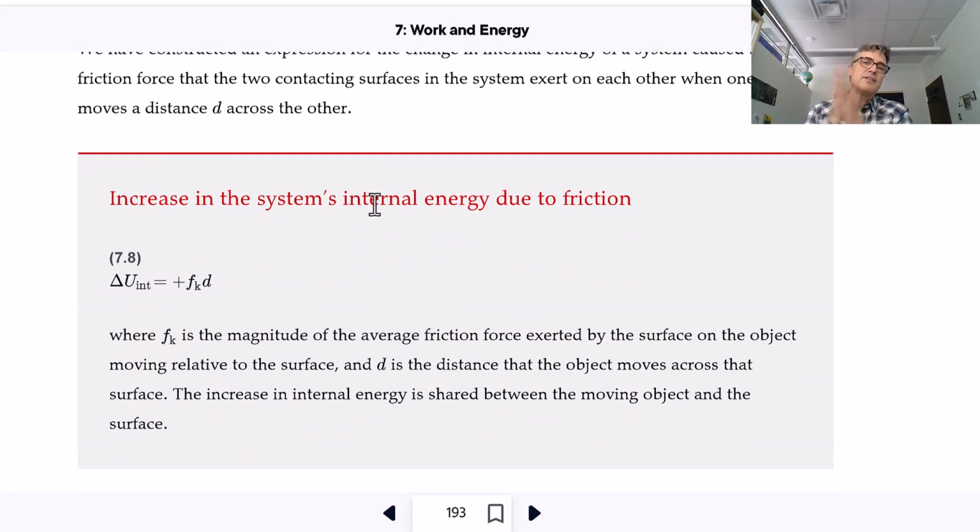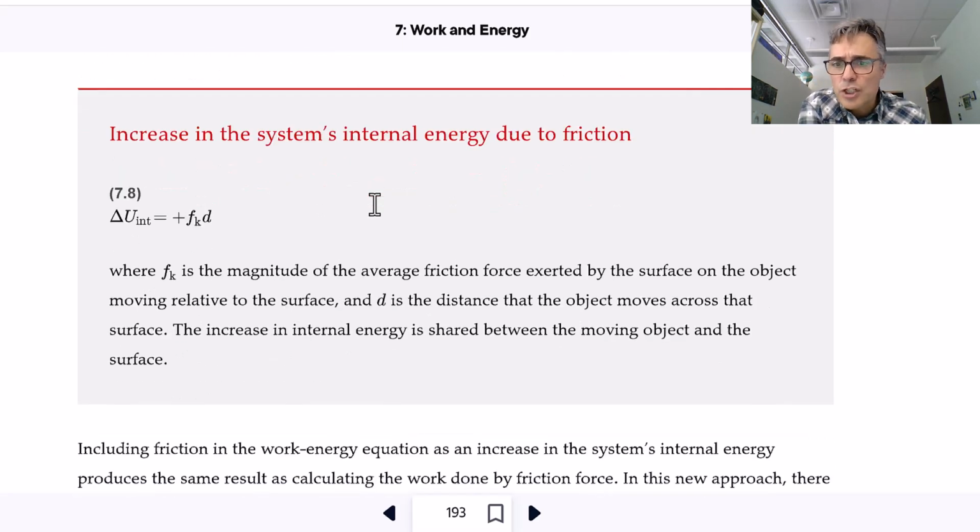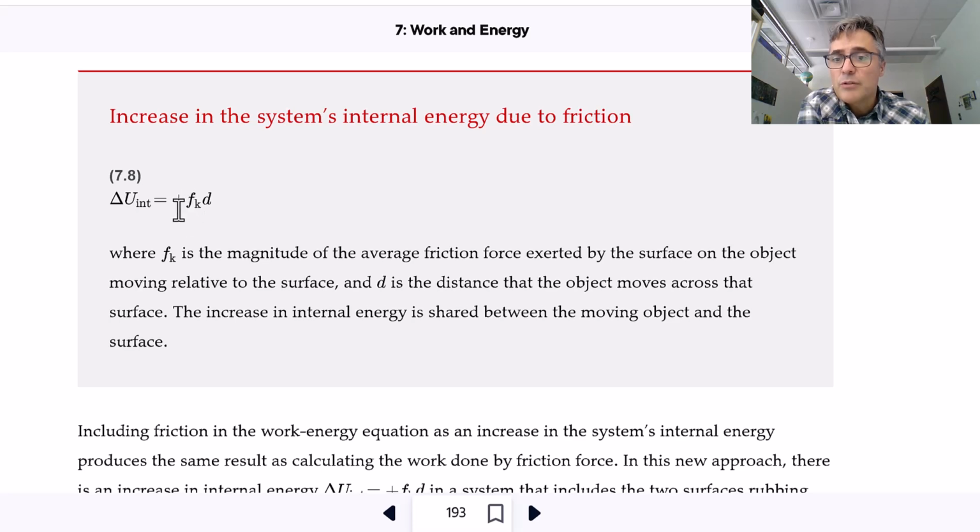And I like to think of this as heat. So there is some actual heat created by friction, and that is equal to positive F sub k times d, where F sub k is the magnitude of the friction force on the object, and d is the distance the object moves across a surface. So when you drag an object across the surface, it creates some heat, and this is keeping track of that heat.